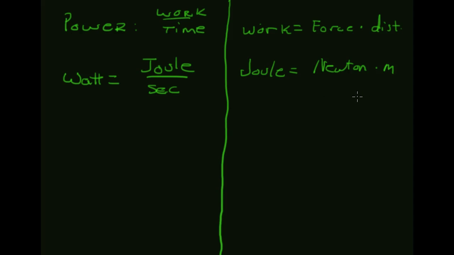We don't need any additional explanation for that. A newton, scientifically speaking, is the amount of force that it takes to accelerate 1 kilogram of mass 1 meter per second per second.